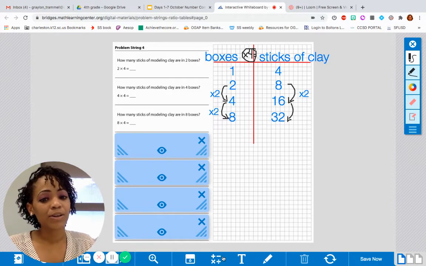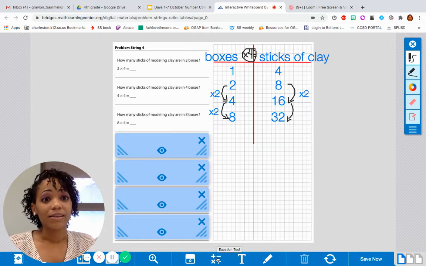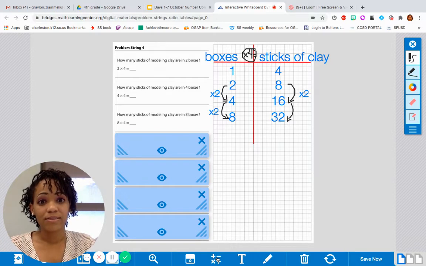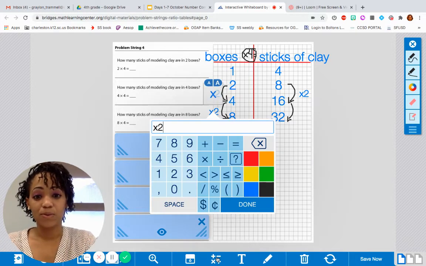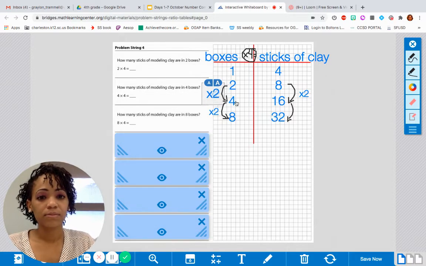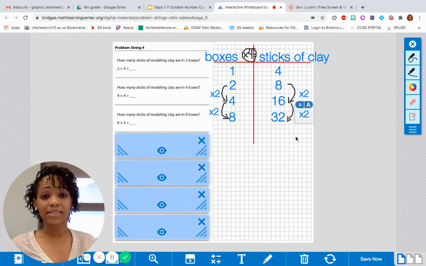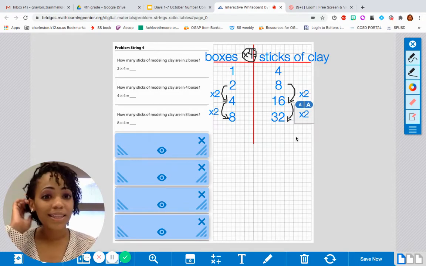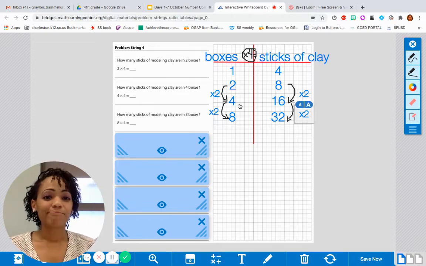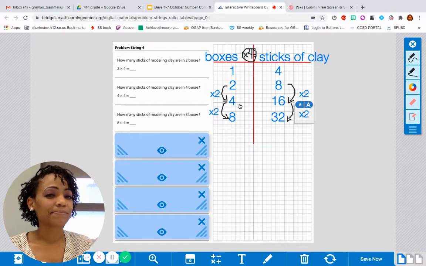So you may notice a pattern. I hope you notice a pattern. If you do, what is it? Yeah, so when you double the amount of boxes, you're doubling the sticks of clay. Let's say that again.